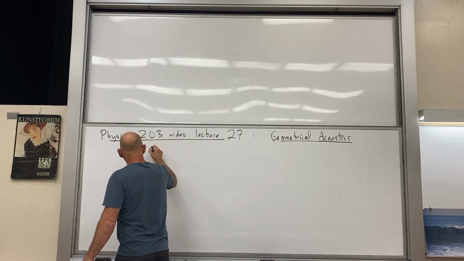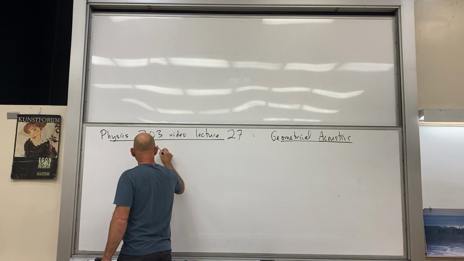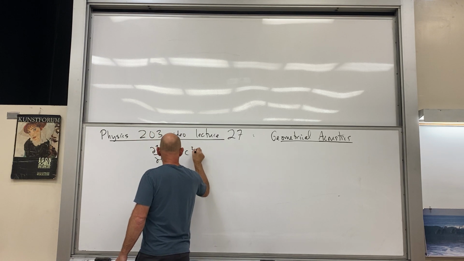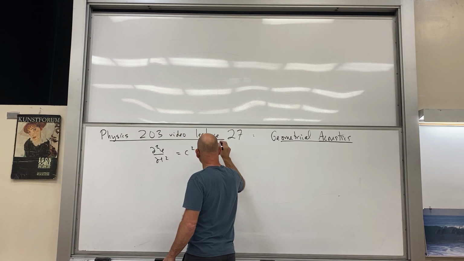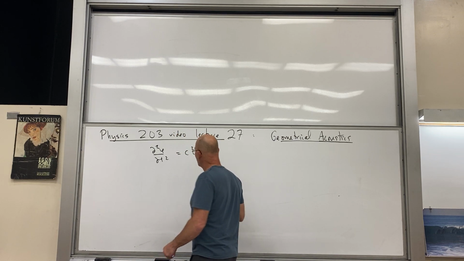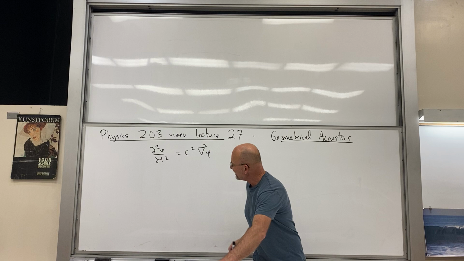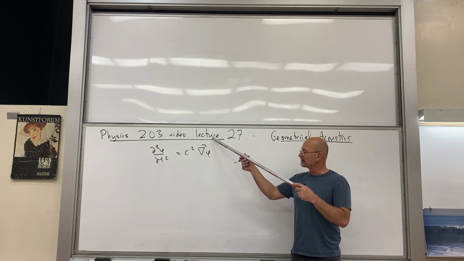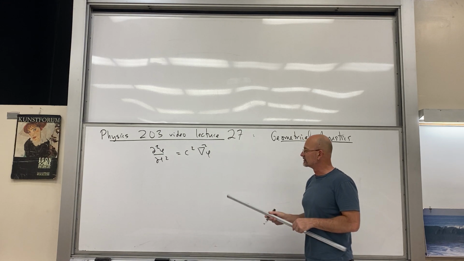We have a wave equation, d squared phi dt squared equals c squared del squared phi. And we're referring to the wave speed as c and not v because we have some velocities going on in fluid mechanics.